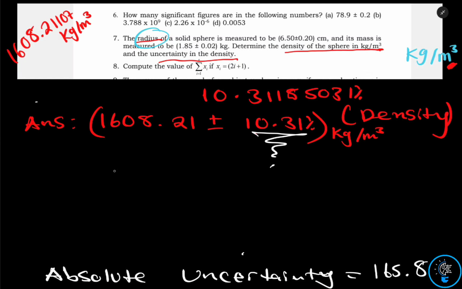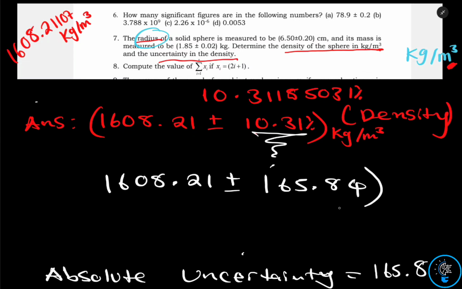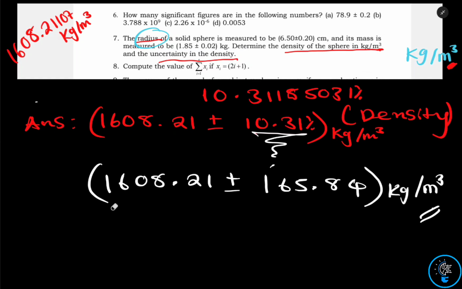So we can write it as 1608.21 plus or minus 165.84 kg per cubic meter. So that's how you can write your solution. Okay, so that's it for this part.